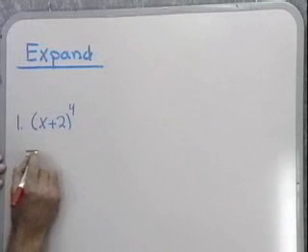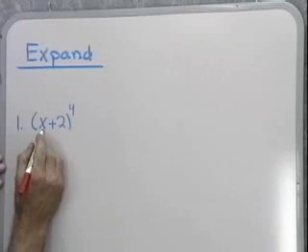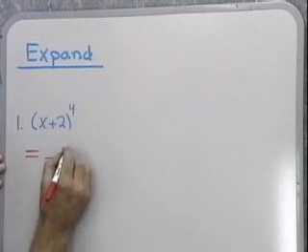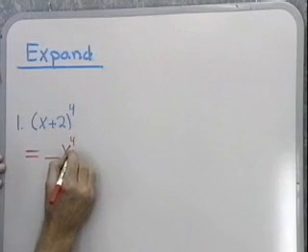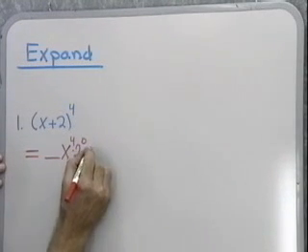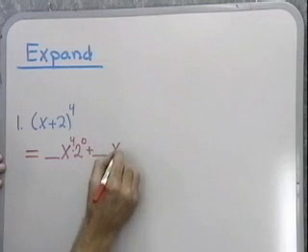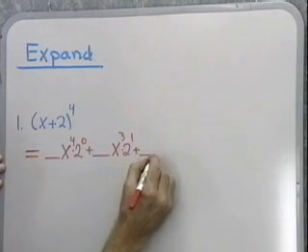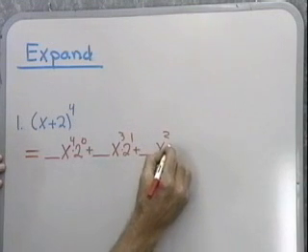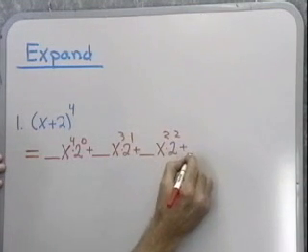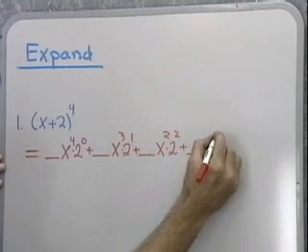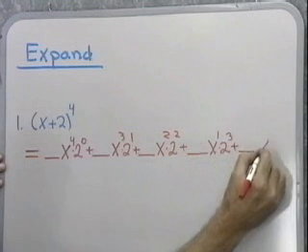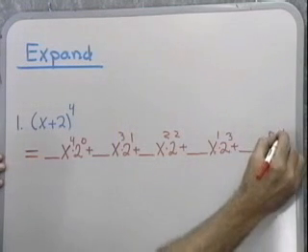First of all, I'm just going to take care of the exponents on x and on 2. So I won't worry about the coefficients yet. There will be some number, x to the 4th times 2 to the 0, plus some number, x to the 3rd times 2 to the 1, plus some number, x to the 2nd times 2 to the 2nd, plus some number, x to the 1st times 2 to the 3rd, plus some number, x to the 0 times 2 to the 4th.